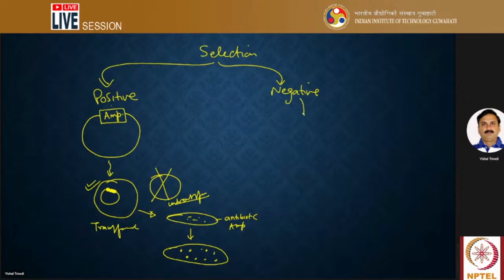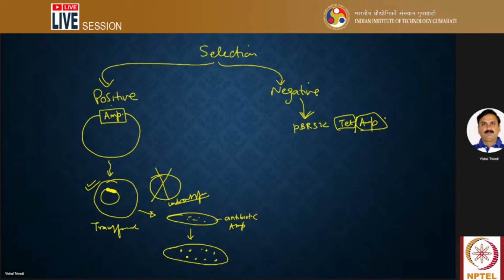Whereas negative selection is, for example, if you take pBR322, pBR322 has two genes. One is the tetracycline gene, the other one is the ampicillin gene.